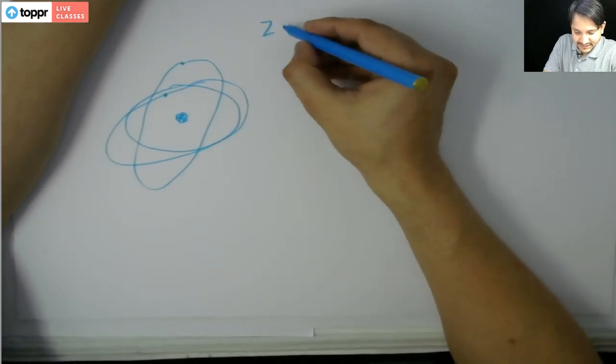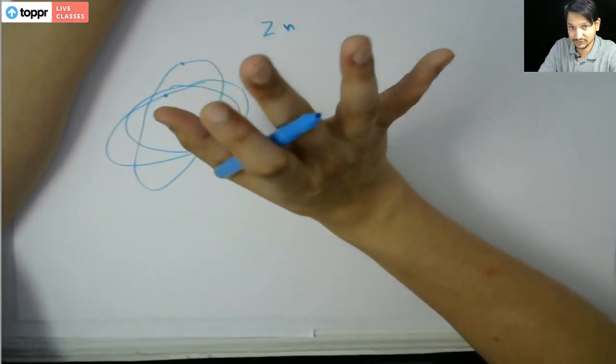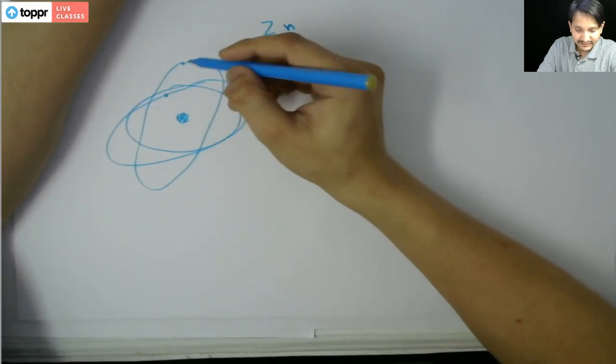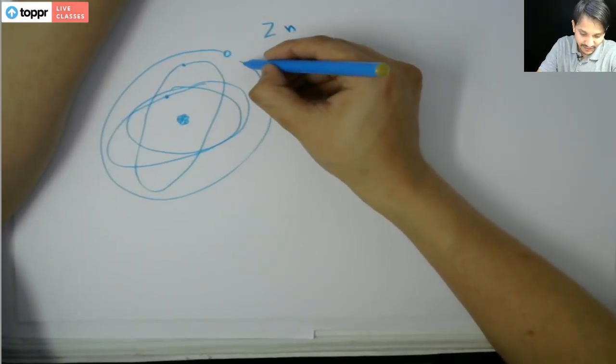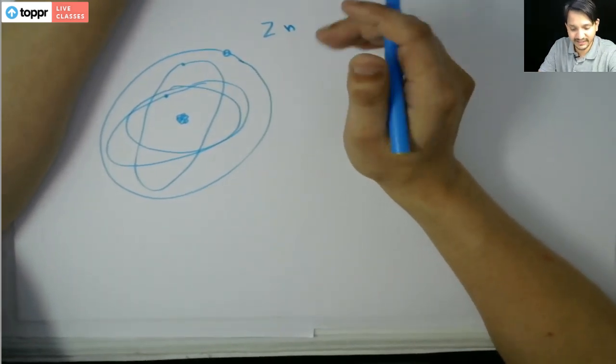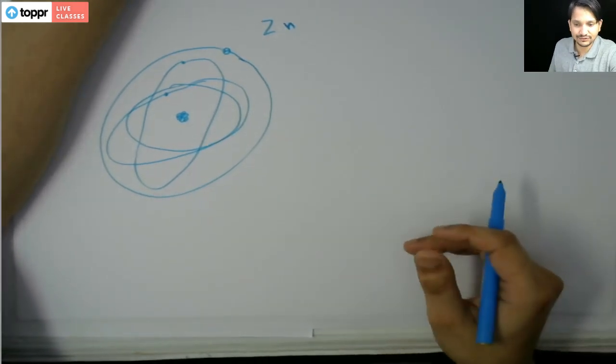So in zinc type metals, unlike sodium type metals, they don't have one definite electron for sharing, but they have several electrons in overlapping zones.